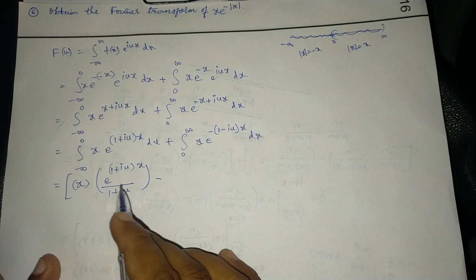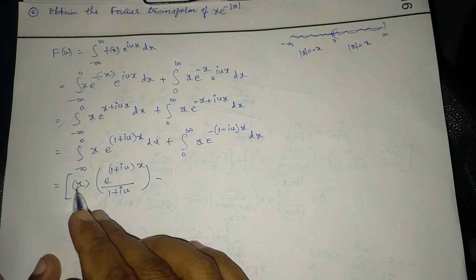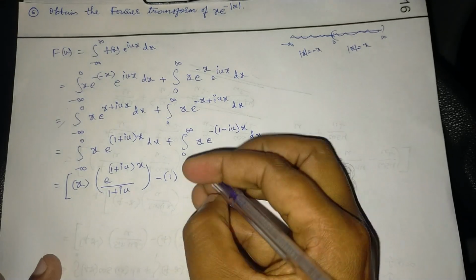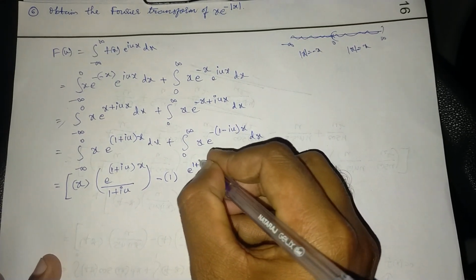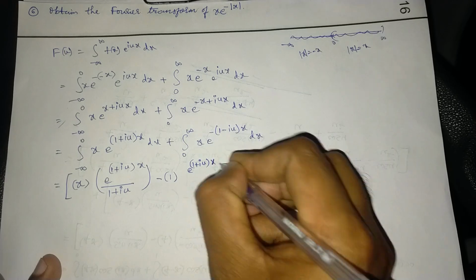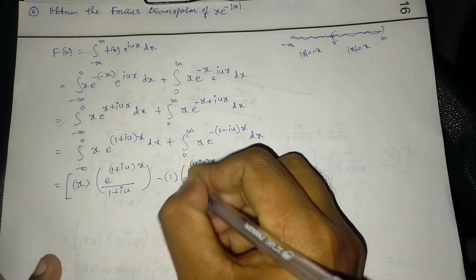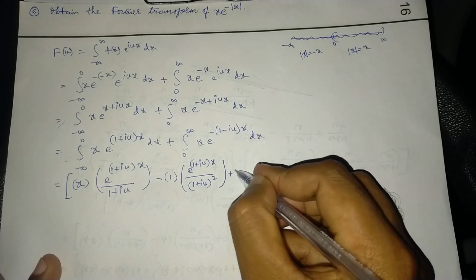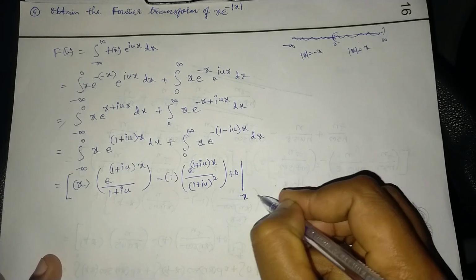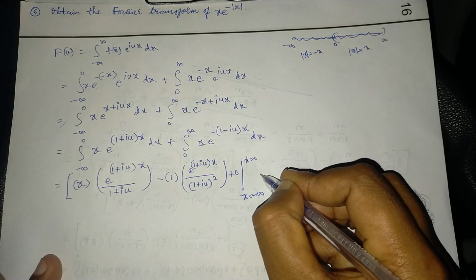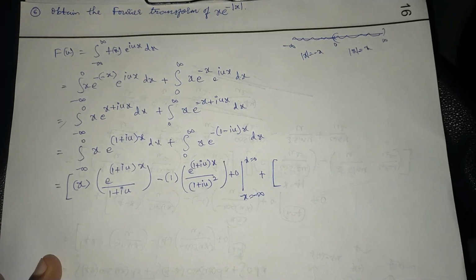We should perform differentiation and integration until we get 0. The differentiation of x is 1, and the integration of this is e power 1 plus i u x divided by 1 plus i u whole square, plus 0. The limits are x equals minus infinity and x equals 0. Plus again.